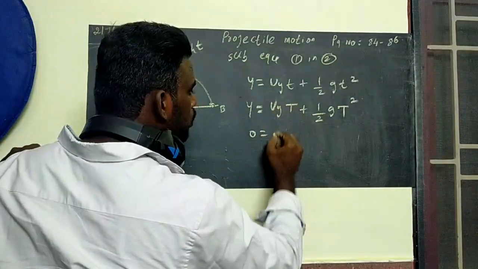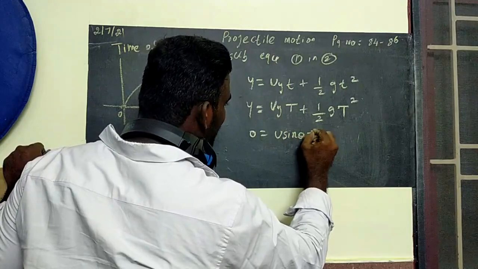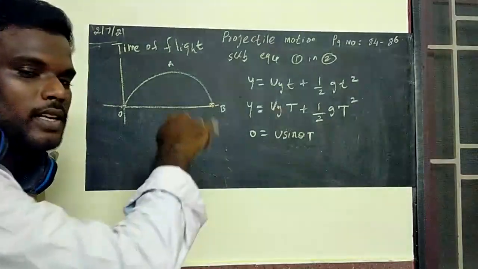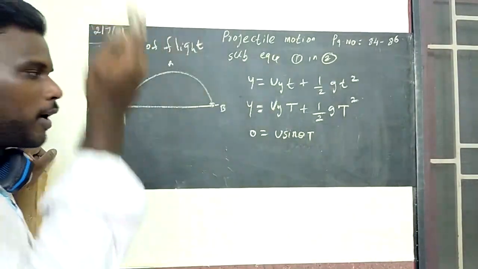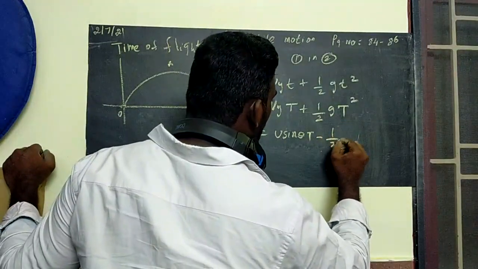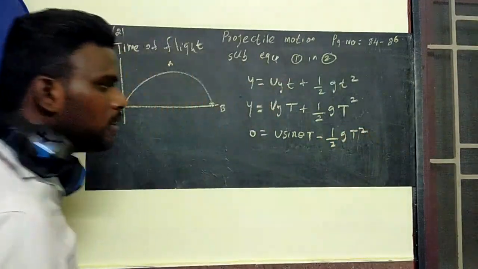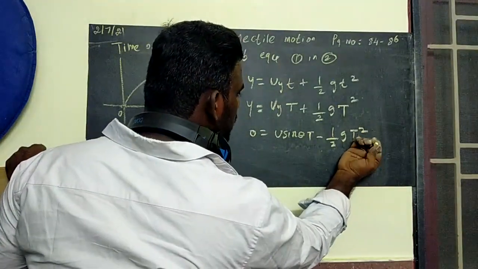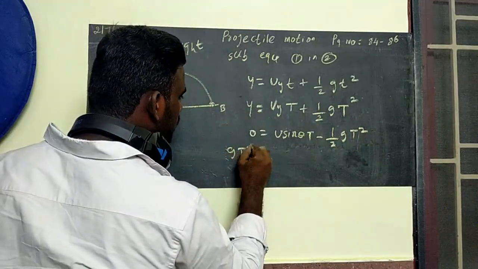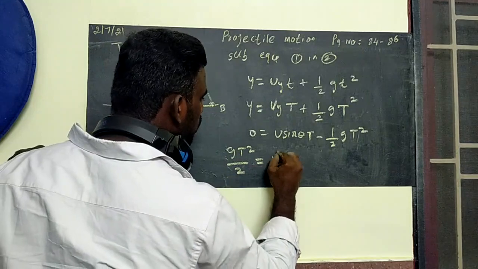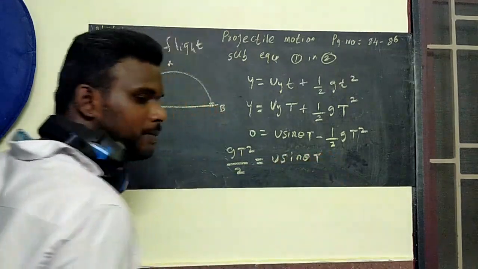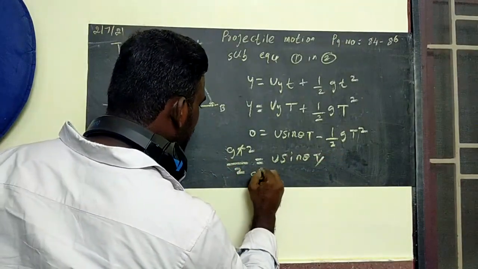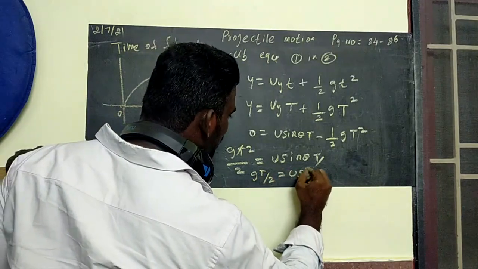What is uy? uy is u sin theta, into T. And we know that gravity is always negative, acting downward. Since the body is moving upward in projectile motion, I can write minus 1/2 gT squared. Transferring this to the other side, gT squared divided by 2 equals u sin theta into T. So this T and this T will cancel, and in the remaining we have gT by 2 equals u sin theta.